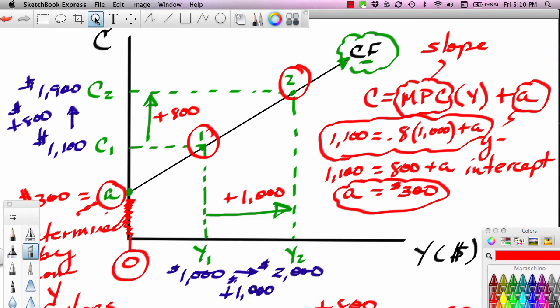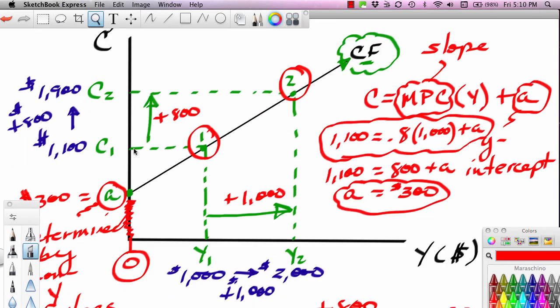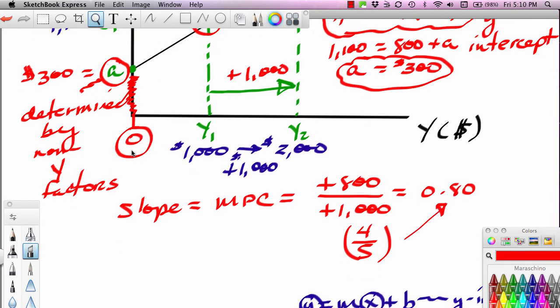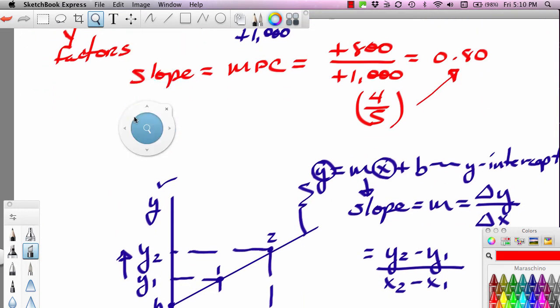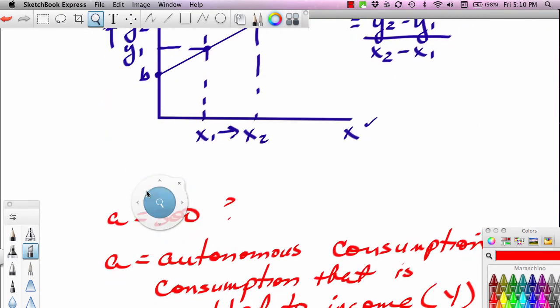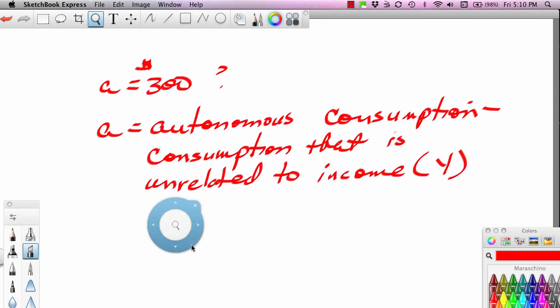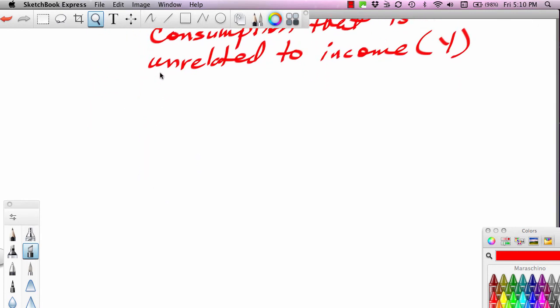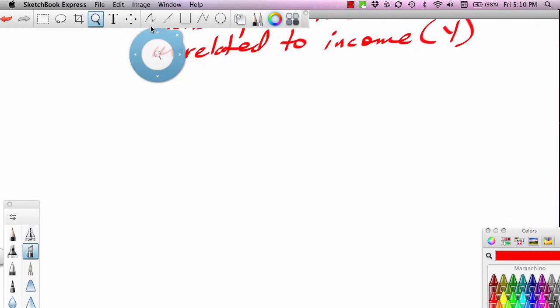Okay, now I want to explain why the slope of this line is called MPC. Let's take a look at that idea and make sure we understand that. So we've talked about A, we talked about the slope, but we've called the slope of the consumption function MPC. Why? I've got to go to a different color here. This red is just a little too bright for me.